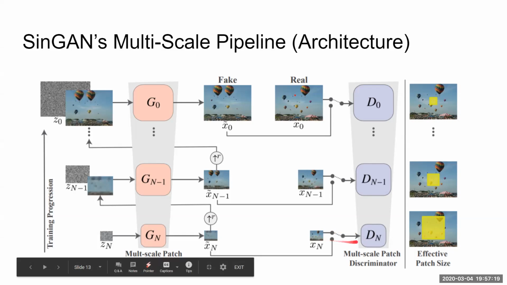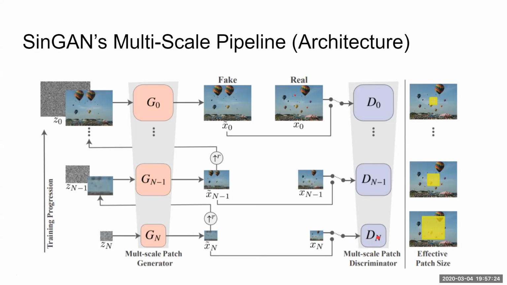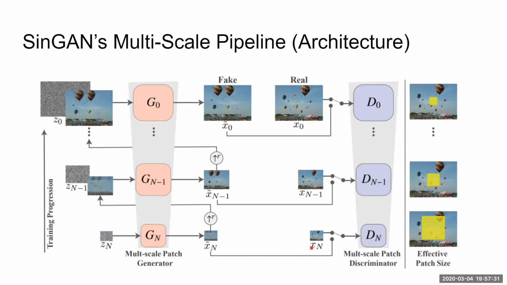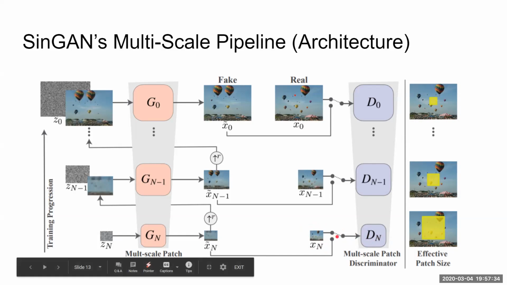But the catch here is that the discriminator uses patch discrimination on the image, because if it takes the whole image into account, then the generator will understand and generate only the original sample, since we have only one training image. So we use patch discrimination. There is an 11 by 11 patch which is sliding over the image.